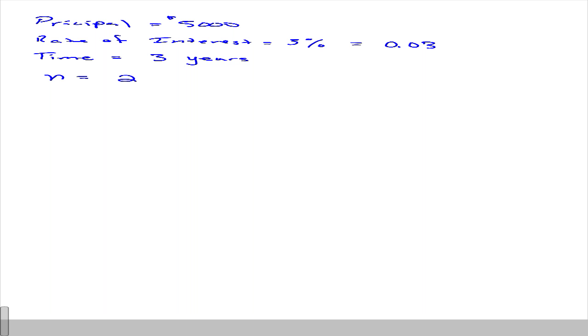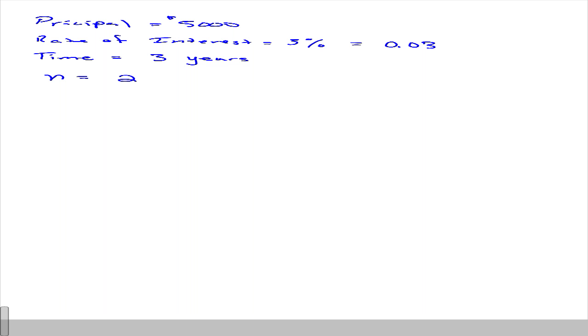Annually means that n would be 1. Semi-annually, n would be 2. Quarterly, n would be 4. And those are really the most common ones that you would see. You'll also see every now and then daily, and that would be 365. But since our problem says compounded semi-annually, our n value in the compound interest formula would be 2.